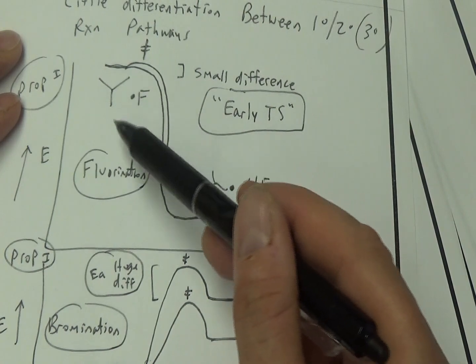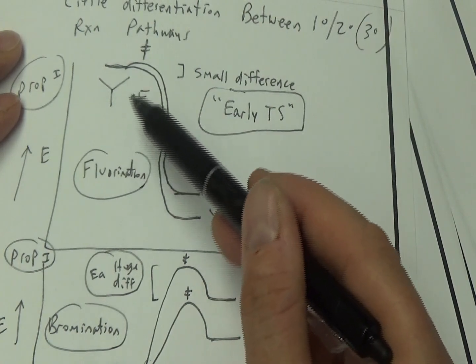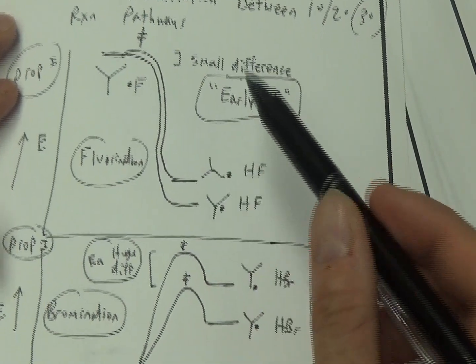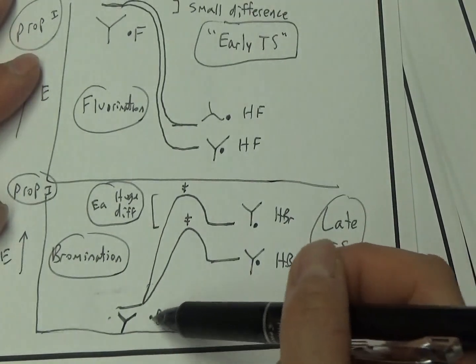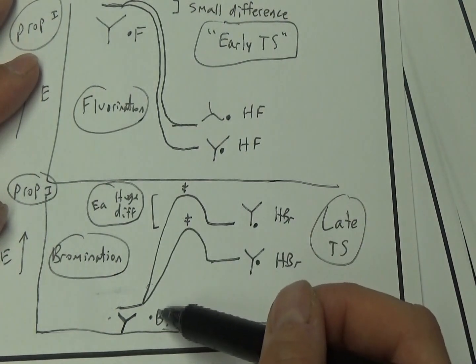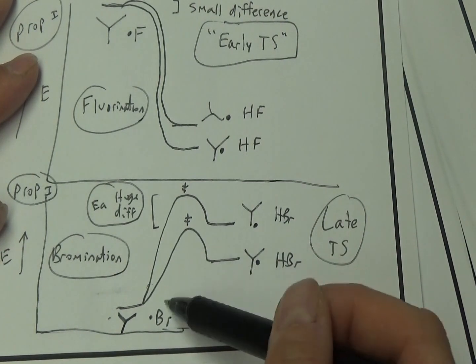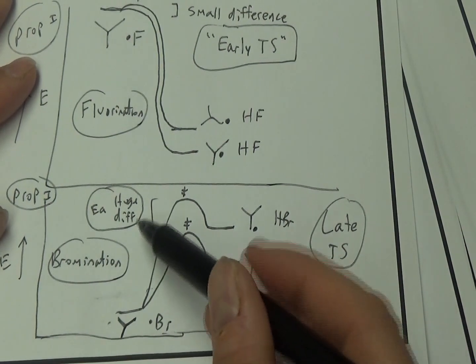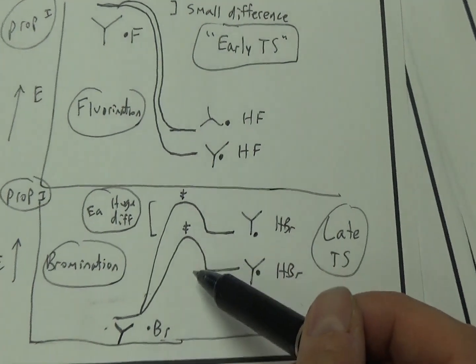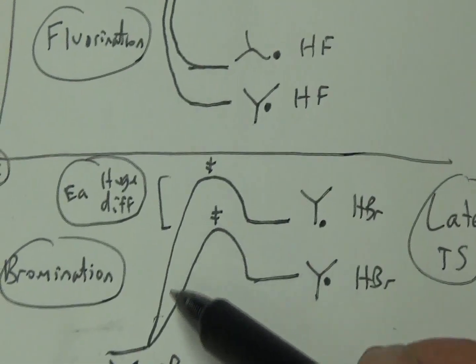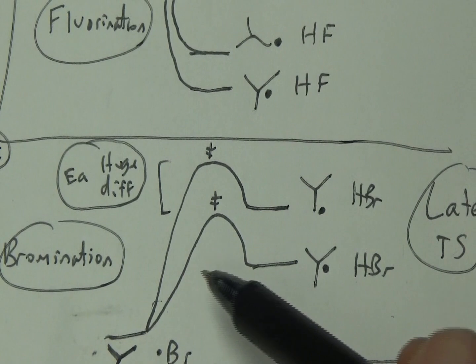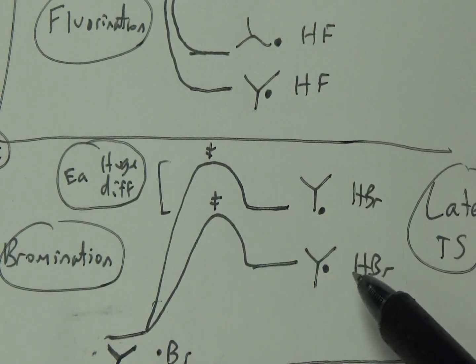And there's not much differentiation between the two pathways. But with a late transition state, when we have an endothermic process with two pathways, the transition states deviate from each other, and they resemble the products.